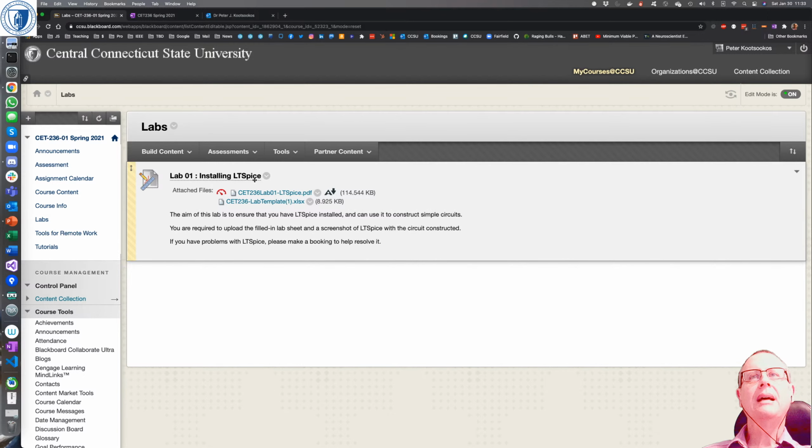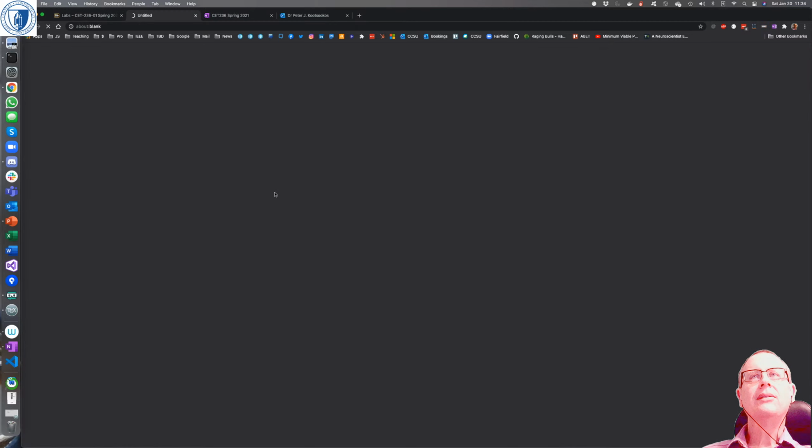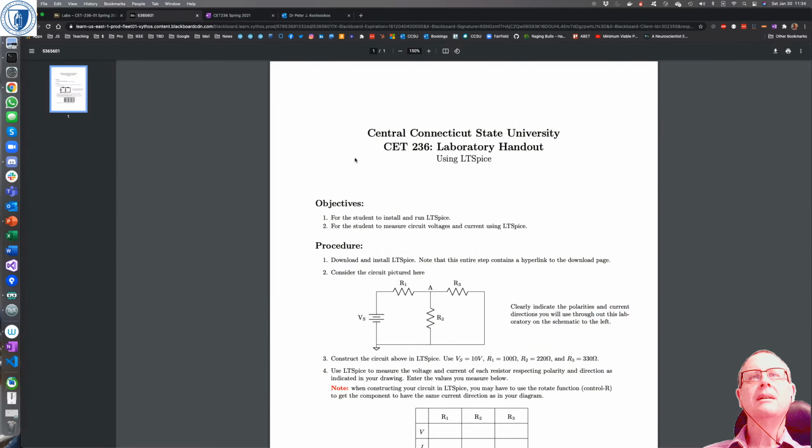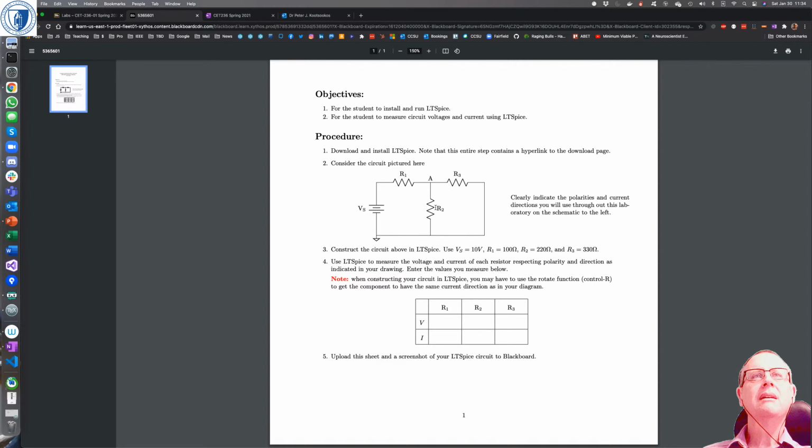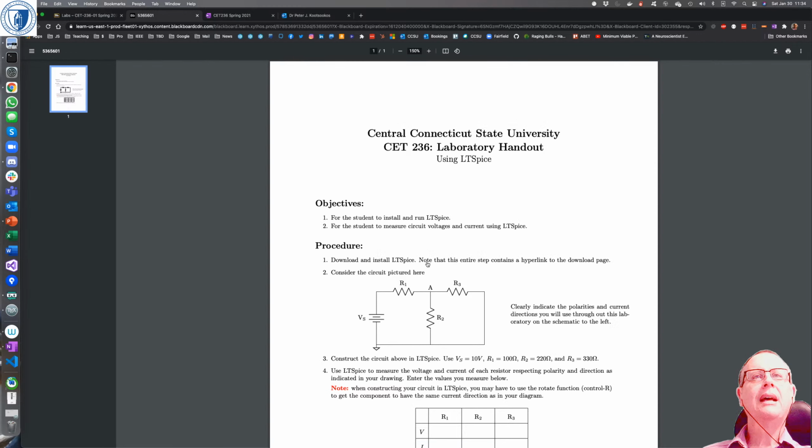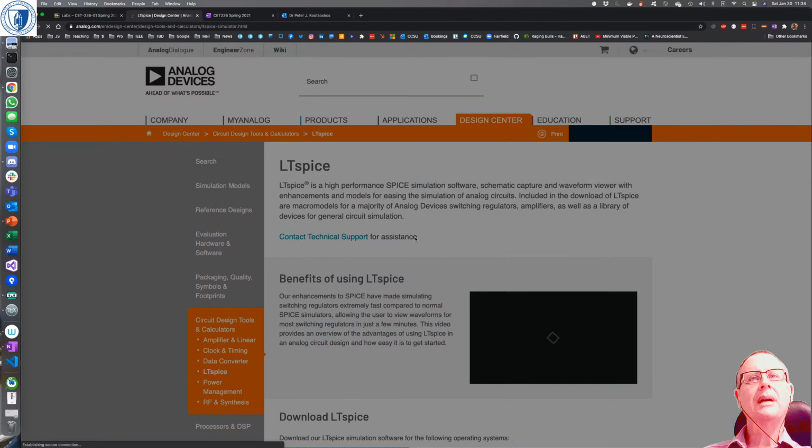And there's a lab sheet there, and as it states there, unfortunately for some reason some PDF viewers don't highlight hyperlinks in the PDF, but this whole sentence has a hyperlink to LTSpice.